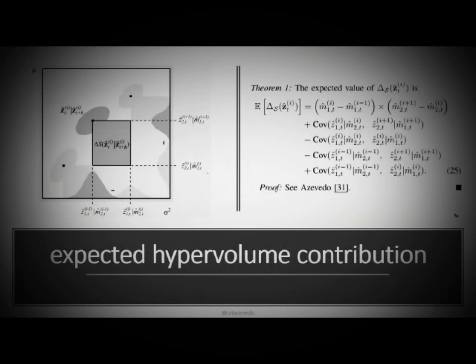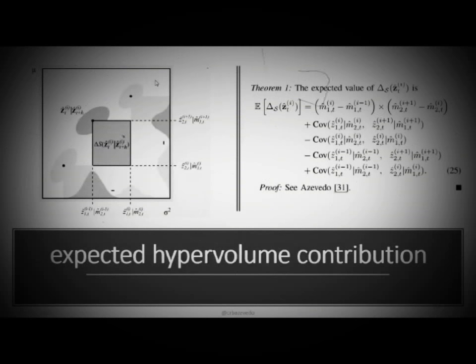Another thing that we can do is compute the expected value of the hypervolume contribution of each candidate solution in the objective space, so that I can use this quantity as an informative quantity for designing search heuristics, to know which portfolios or candidate solutions I should remove from my set of candidate solutions and which ones I should add.